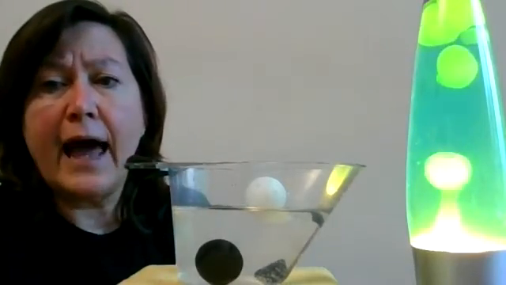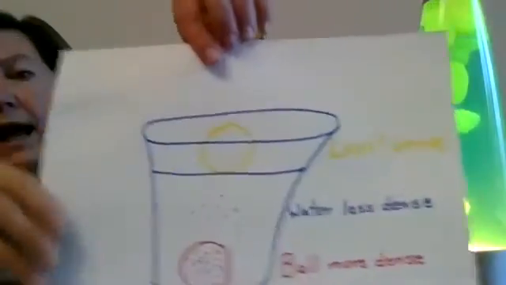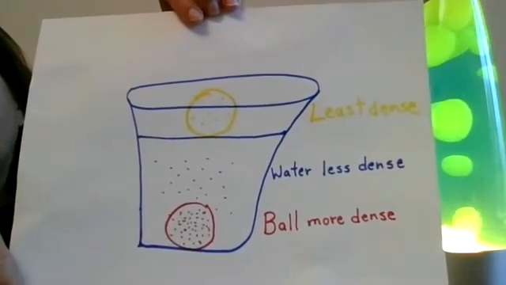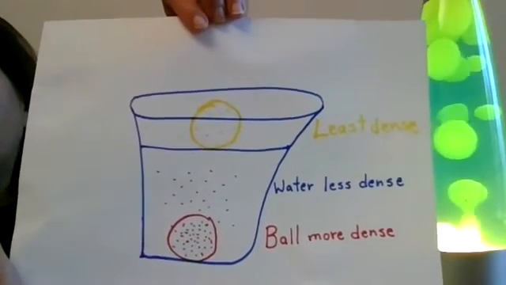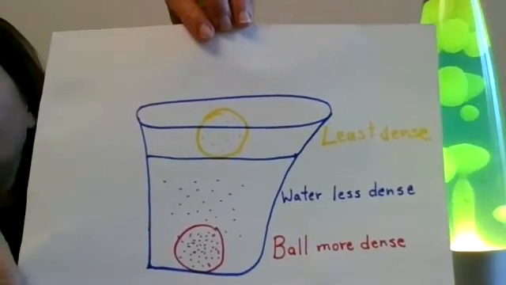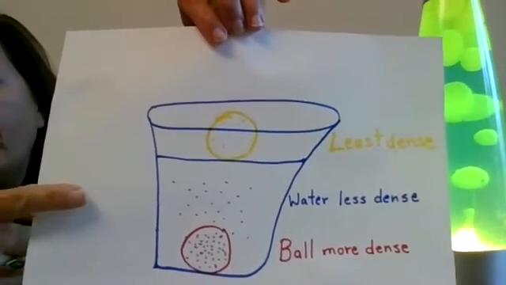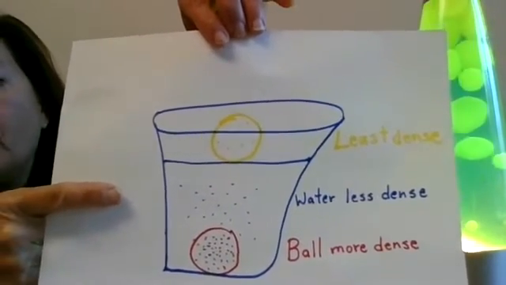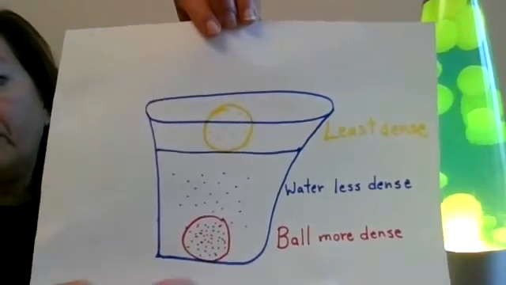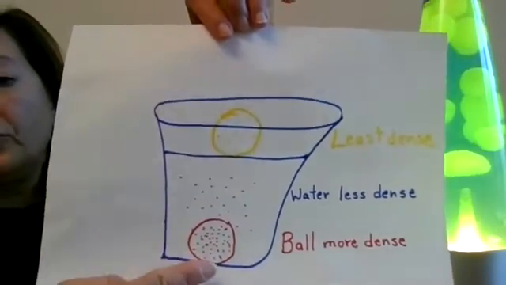And we can see that in a representation I made to help you understand. So I'm just making a model. It's not showing the real thing, but it's showing kind of what the real thing is like. And we see that the molecules or particles in the water are a certain distance apart. But the particles in the ball are much closer together.